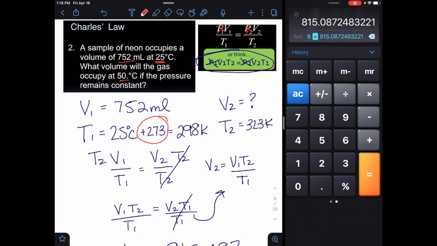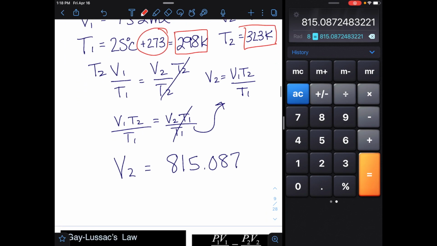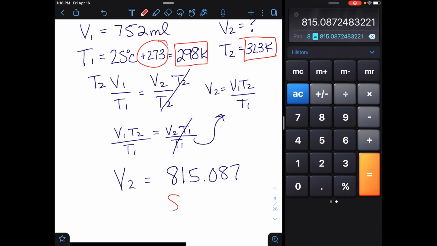But after we add the 273, you'll remember we actually have 3 sig figs. So my answer should have 3 sig figs. It should be 815, and my volume is in milliliters. Now, according to our rules, you can be within 1 sig fig, so don't panic if you didn't get that little addition problem there.